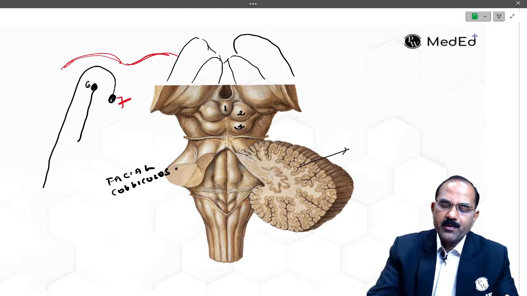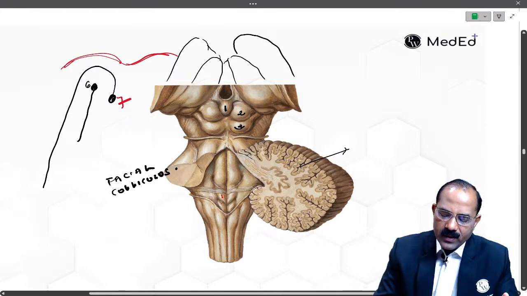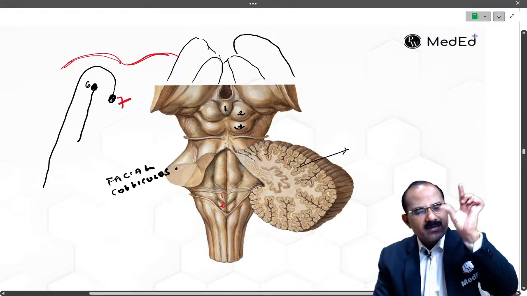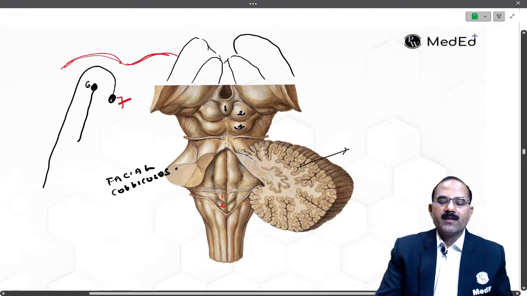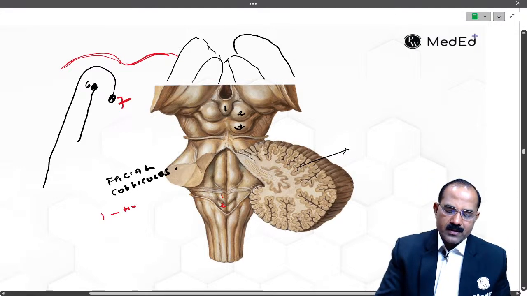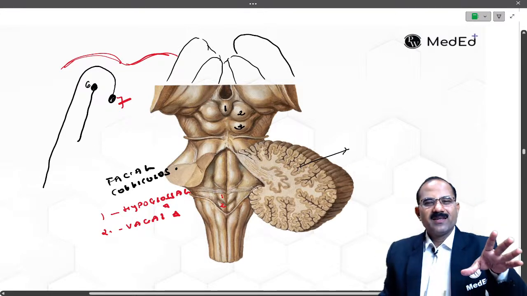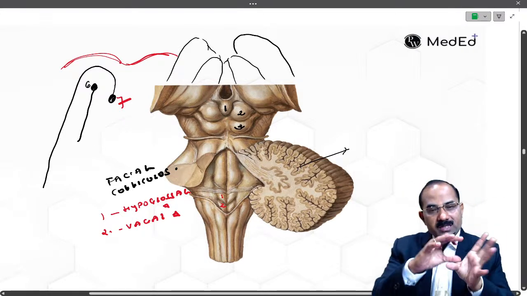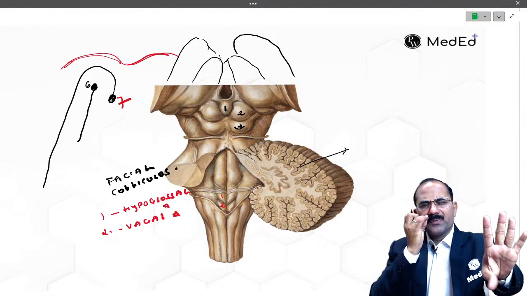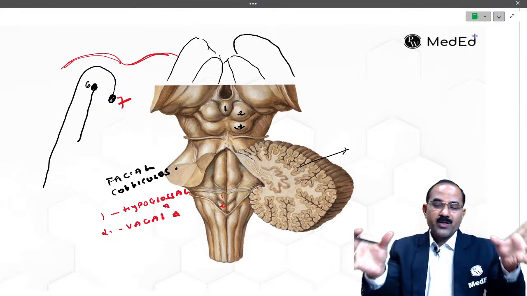Okay, now you tell me what is this? Number one, what is this triangle and what is this triangle? Number one is known as the hypoglossal triangle, and number two is the vagal triangle. Everything is correlative. You should just be able to correlate things. Anatomy is easy if you are able to correlate.